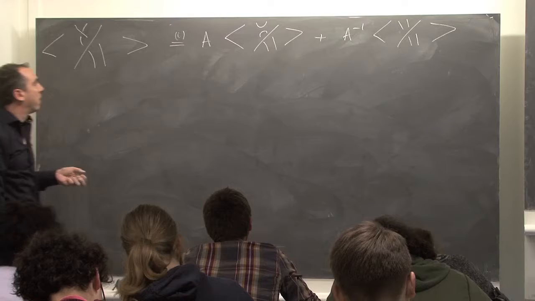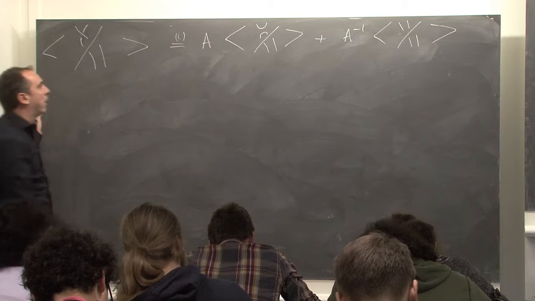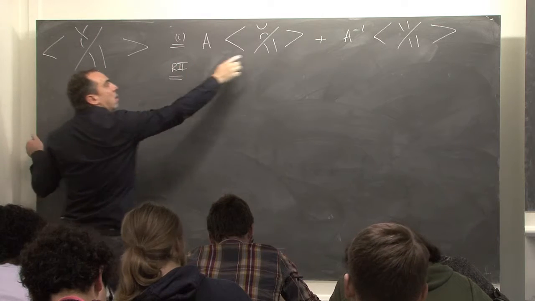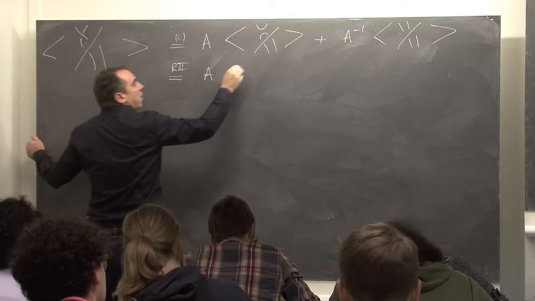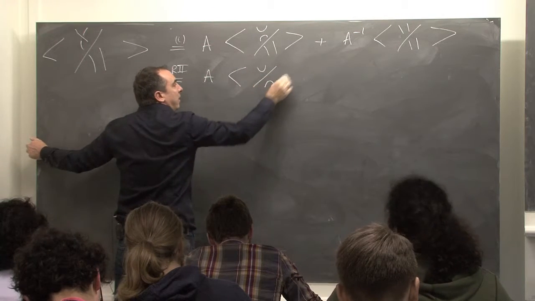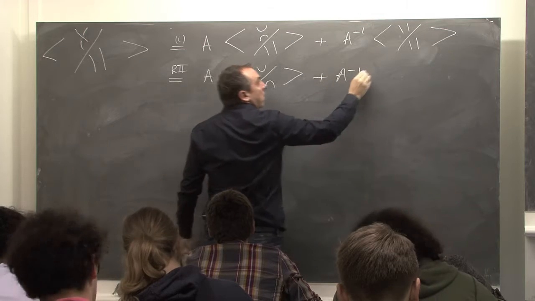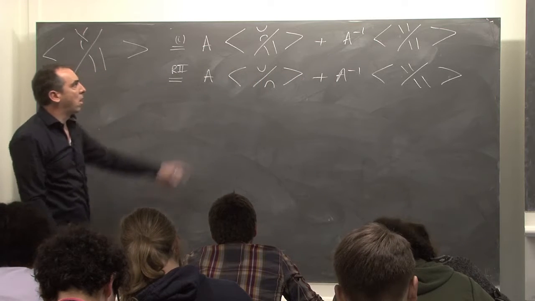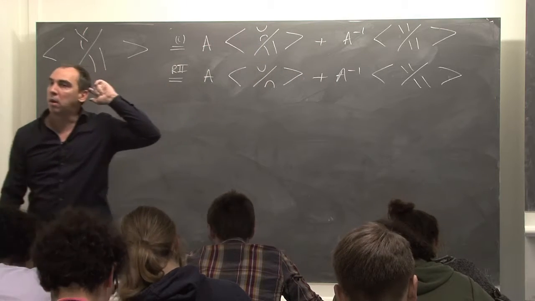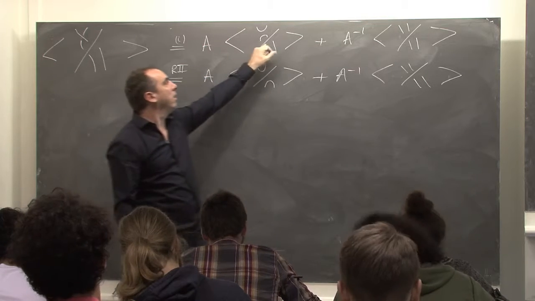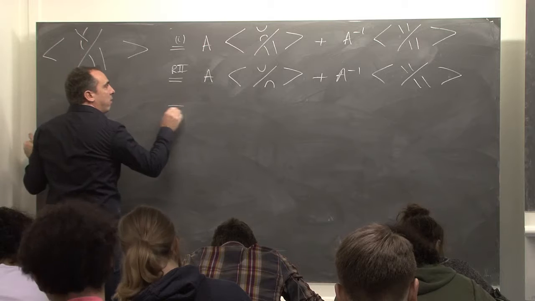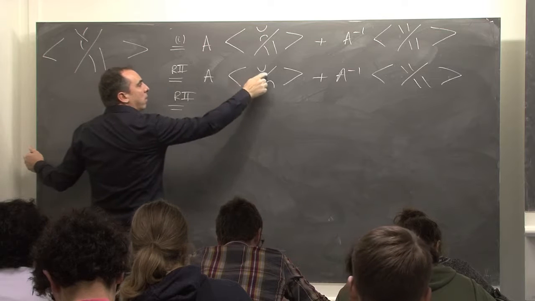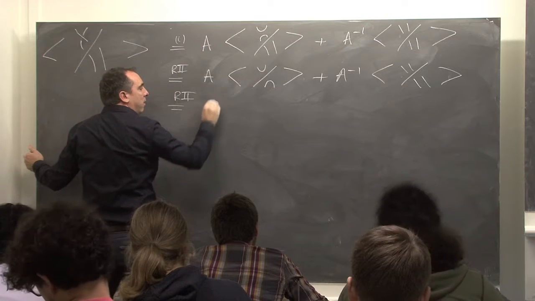Okay. Now what can I do? I can apply Reidemeister 2 here and I obtain this. I just use the invariance under the second Reidemeister move here. Again, I can use the invariance under the second Reidemeister move here to slide this here.